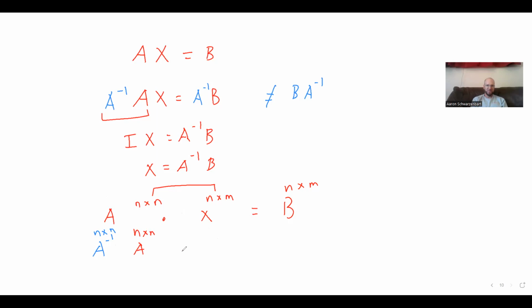That was multiplication there. X is n by m. The key is multiplying this A inverse on the left. N by n.